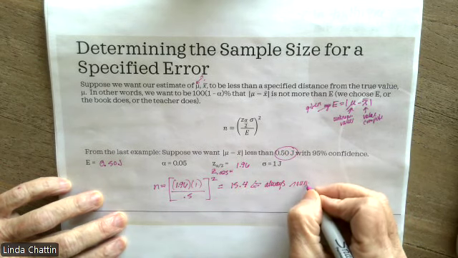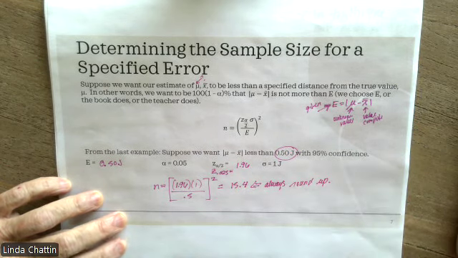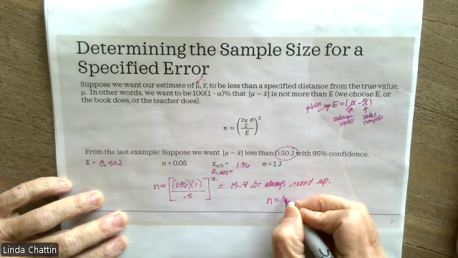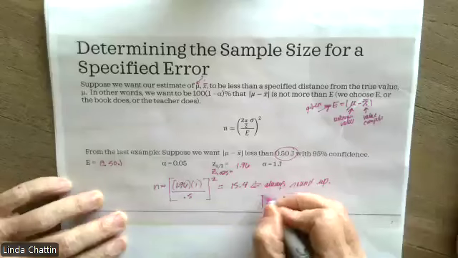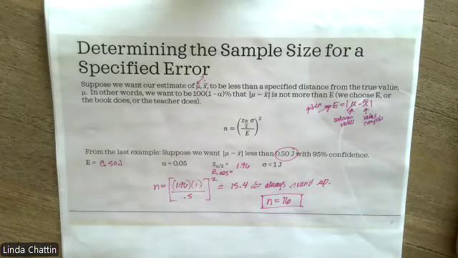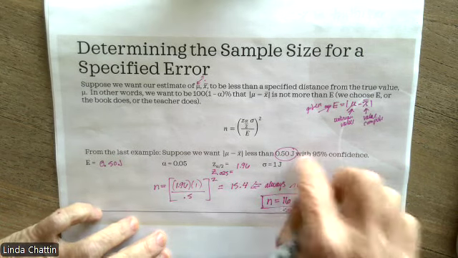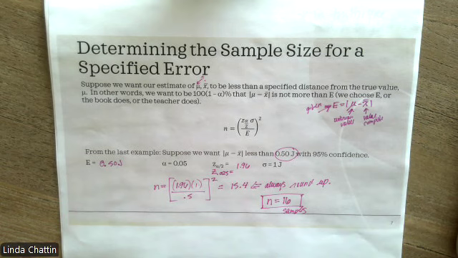So you always round up. So when you do your homework problem that is similar to this, you would round it up to 16 and you would enter that as your answer. So you would choose 16 items or 16 samples if this was your desired closeness to the true population mean. Okay, here endeth this little lecture.